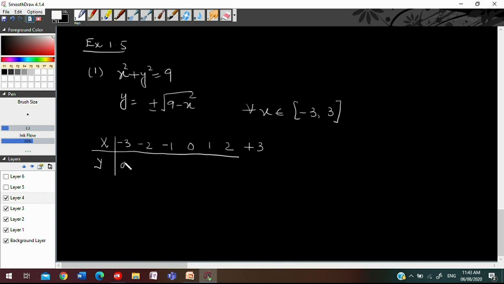The first one is 0, then plus minus 2.24, plus minus 2.83. For 0 you have plus minus 3, for 1 you have plus minus 2.83, and for 2 you have plus minus 2.24 and 0. These are the corresponding values, right?